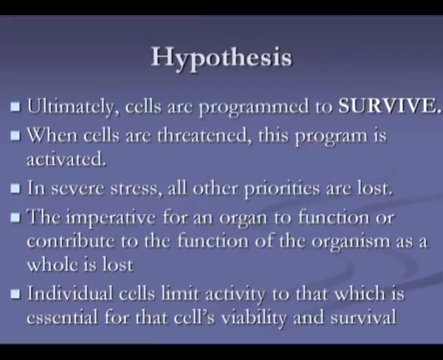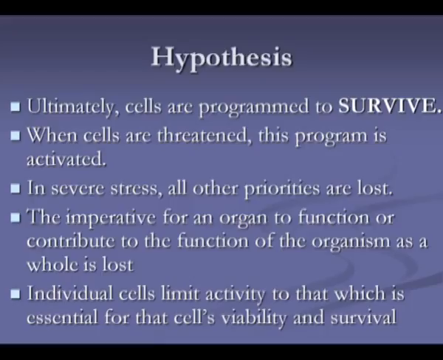I would hypothesize the following. Ultimately, what a cell wants to do is live. It doesn't want to die. When severely threatened, that becomes the priority. And in severe stress, all the other priorities may be lost.